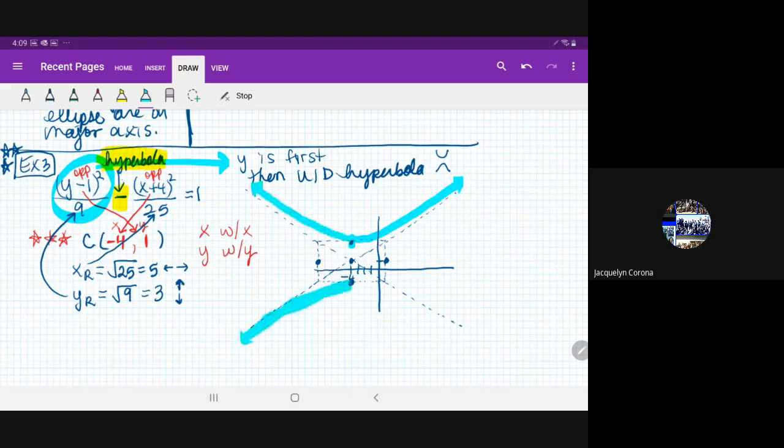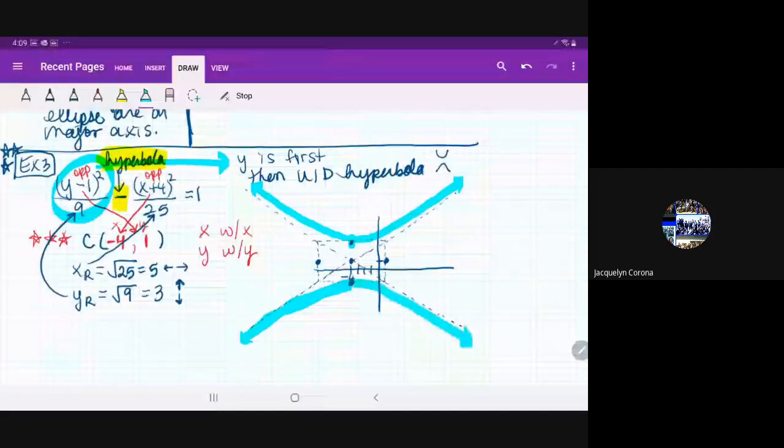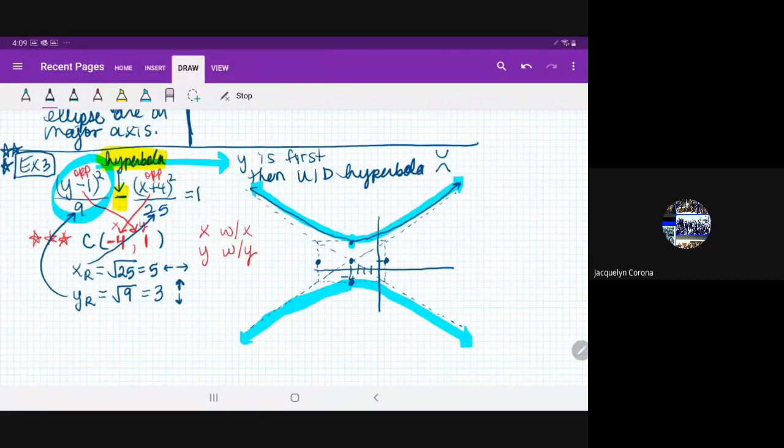Okay, so they kind of look like parabolas, but they approach the asymptotes. The most common thing to do is to kind of go back in the ellipse box. So you have to focus on staying away from that. And I do find that the longer I make my asymptotes, the easier it is to draw. So this would be how you graph the hyperbola.